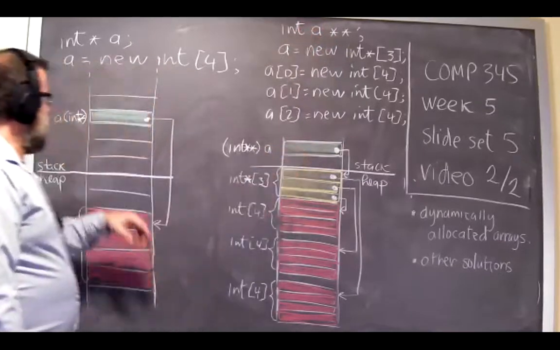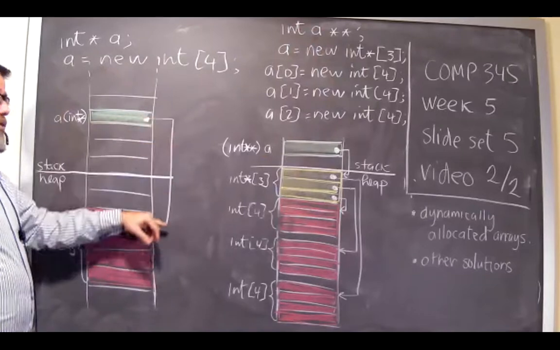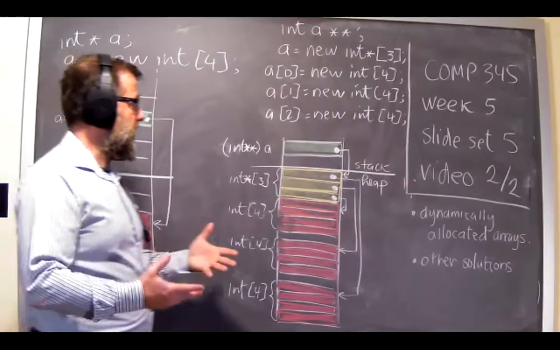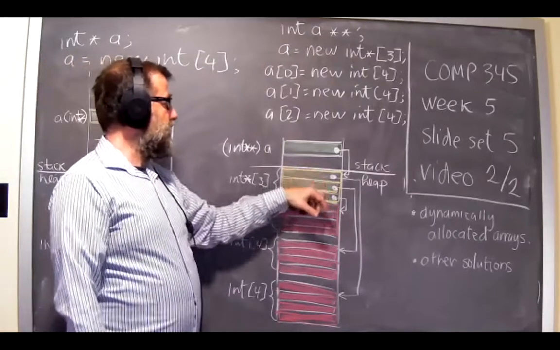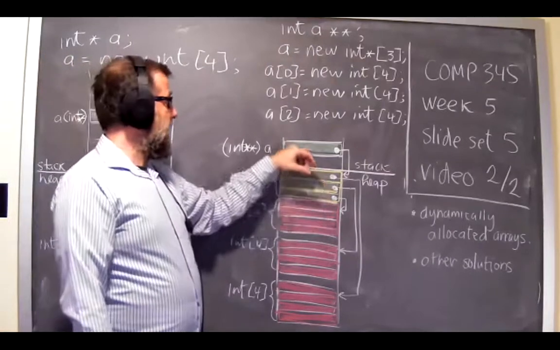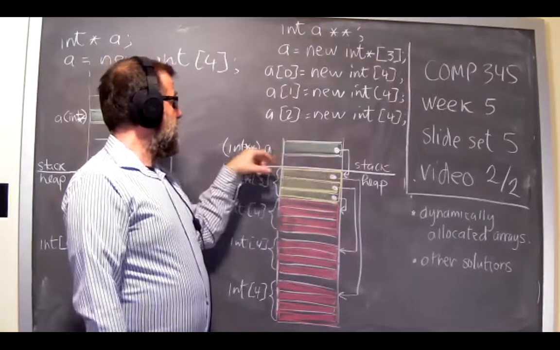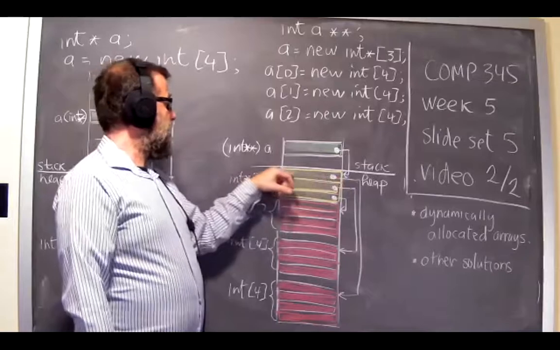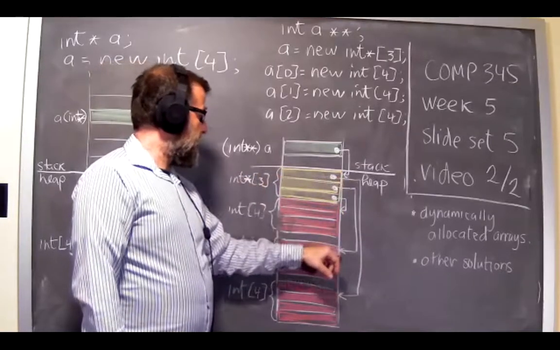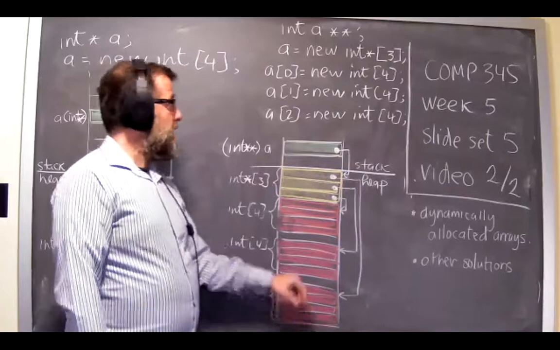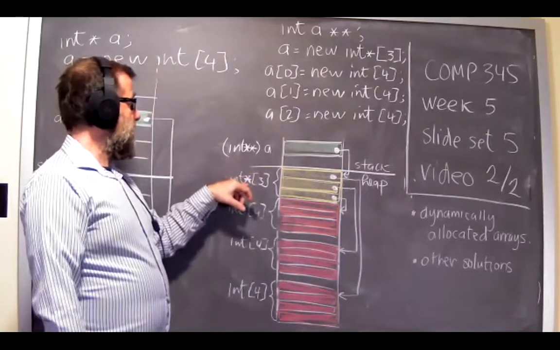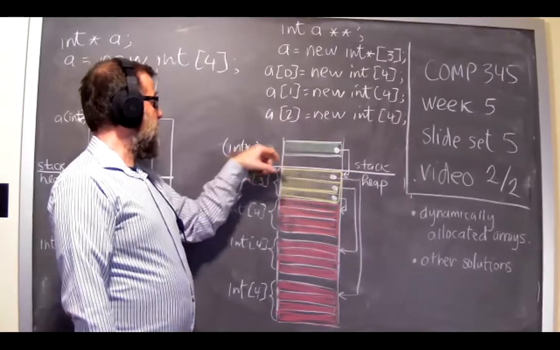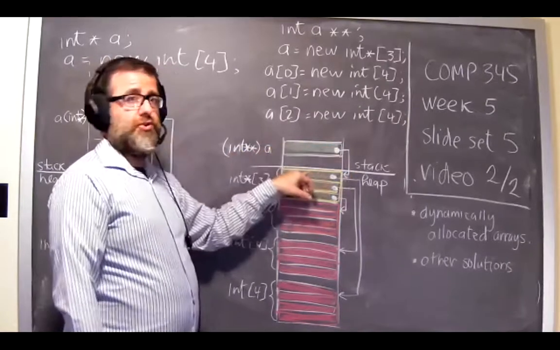Much like here, it was a pointer to the array that you allocate in the heap, except that here you need this additional level of indirection. So you make this pointer A point to an array of pointers, each to one of these rows of 4. That's why these are each a pointer to an int. So in fact, this needs to be a pointer to a pointer to an int.